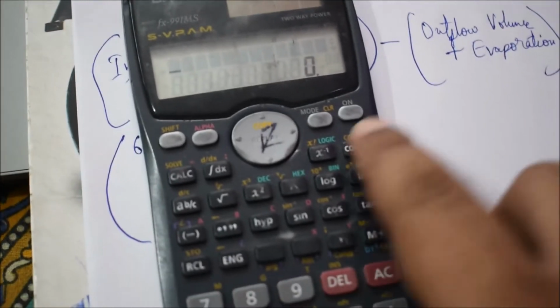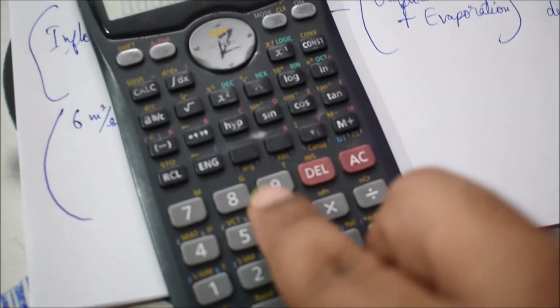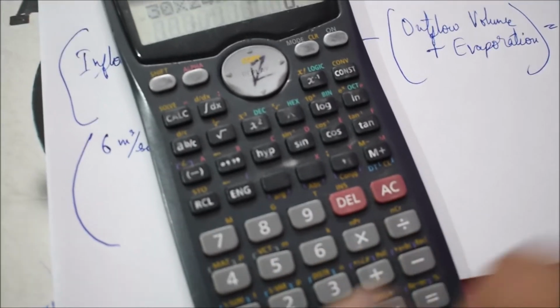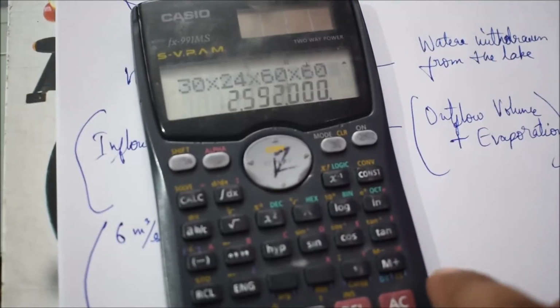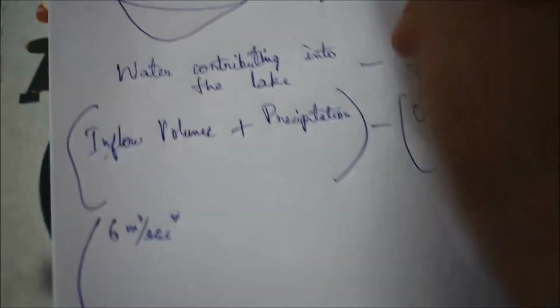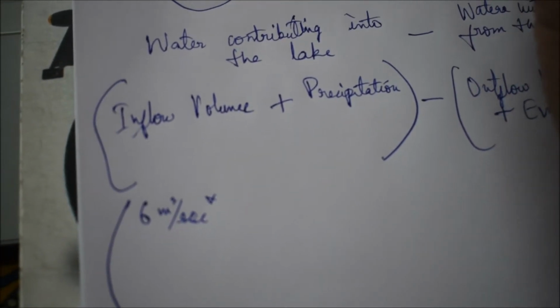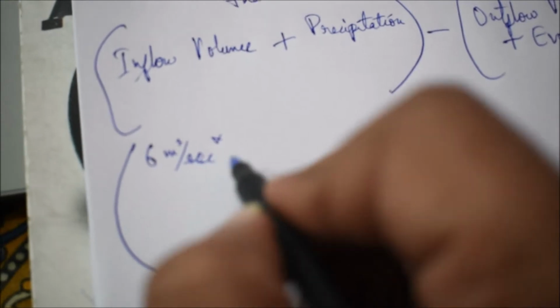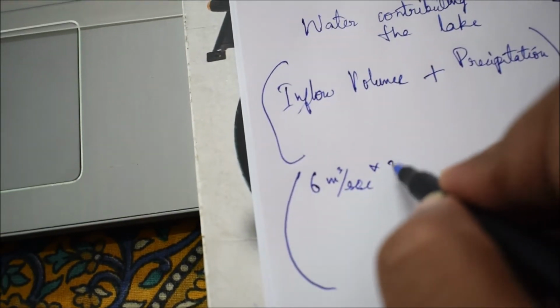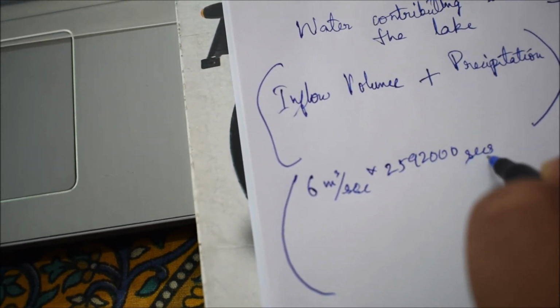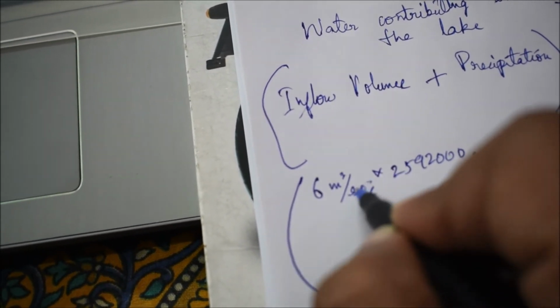It is 30 into 24 hours into 60 minutes into 60 seconds, which is nothing but 2,592,000 seconds. So we have to multiply 6 meter cube per second by 2,592,000 seconds. So the seconds will get cancelled, right?